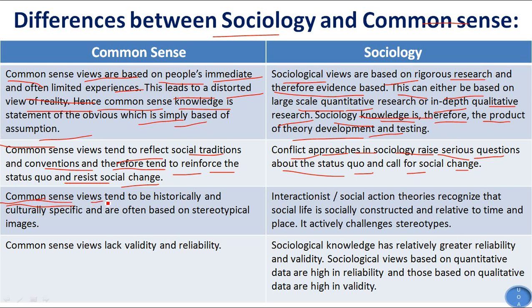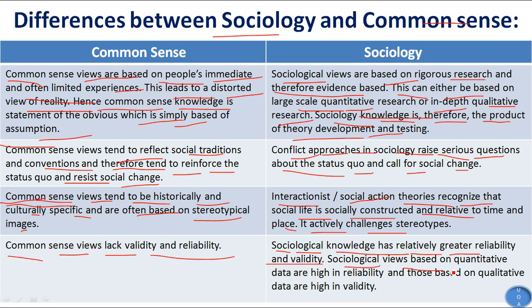Common sense views tend to be historically and culturally specific and are often based on stereotypical images, whereas interactionist or social action theories recognize that social life is socially constructed and relative to time and place. It actively challenges stereotypes. Whereas common sense views lack validity and reliability, sociological knowledge has relatively greater reliability and validity.